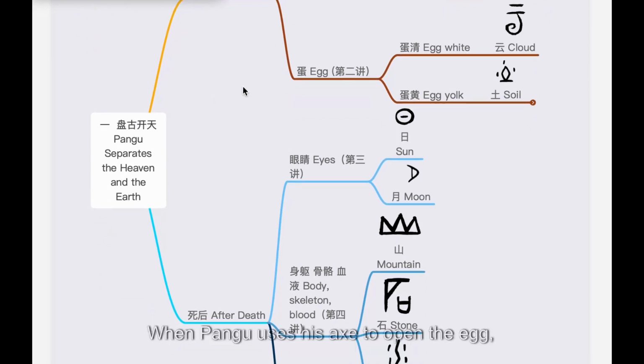When Pangu uses his axe to open the egg, the lighter egg white goes up and becomes the clouds above. So the sixth character we're learning is 云. Two horizontal lines representing layers.